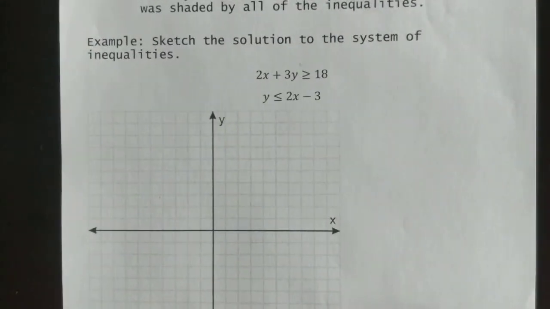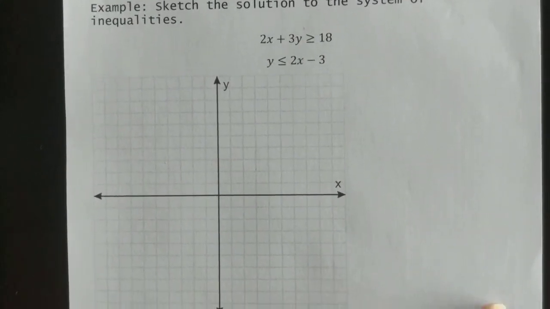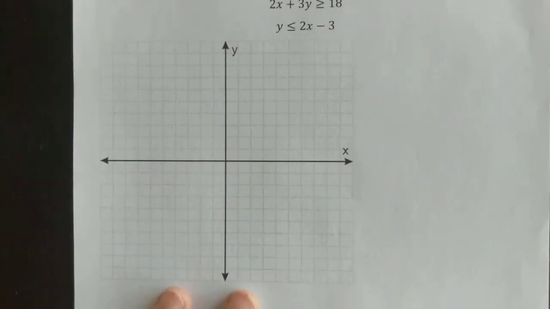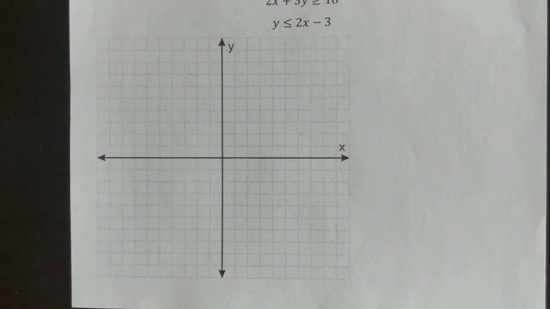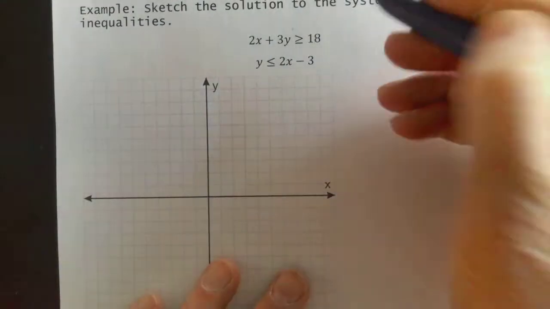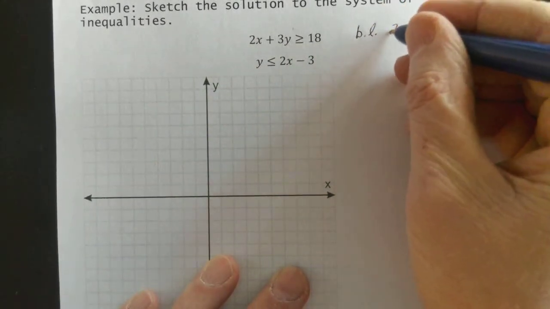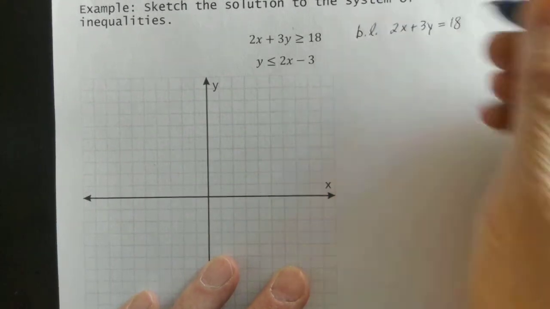Then let's put it into practice here with this example. We're going to sketch the solution of this system of inequalities. So we have 2x plus 3y is greater than or equal to 18. Now, the boundary line, I'll just use BL for boundary line, is 2x plus 3y equals 18.